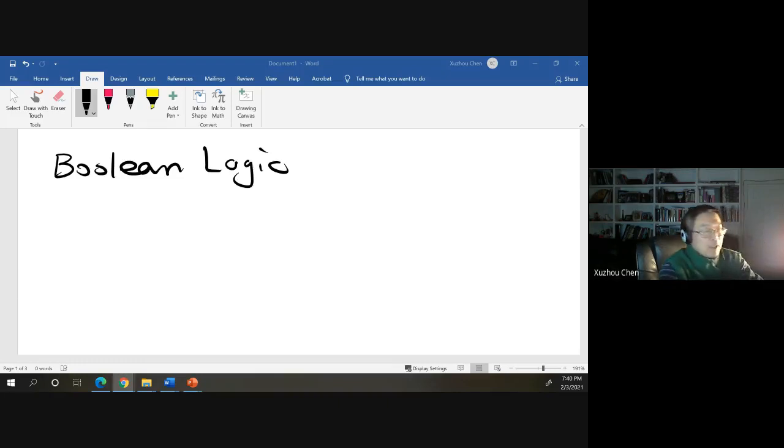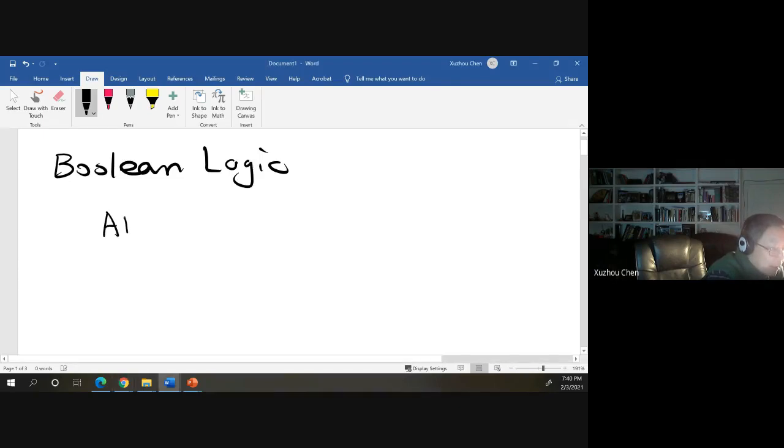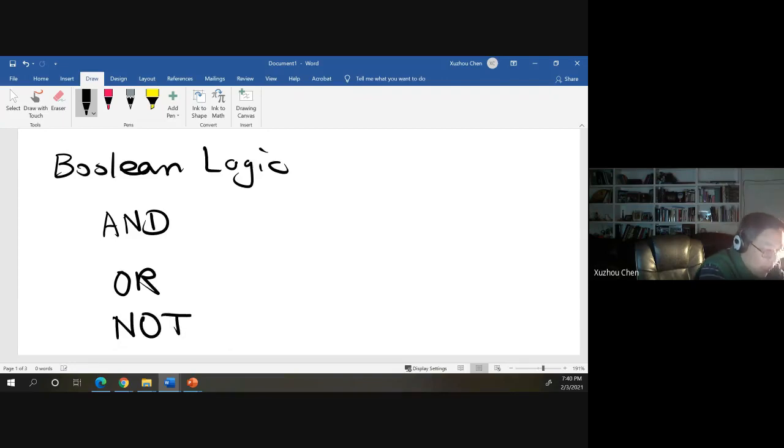And then they can use some operations to combine the statements from a single statement to very complicated statements. Some of the most important operations are and, sometimes called a conjunction, or disjunction, which we call or, and then negation, so we use not.